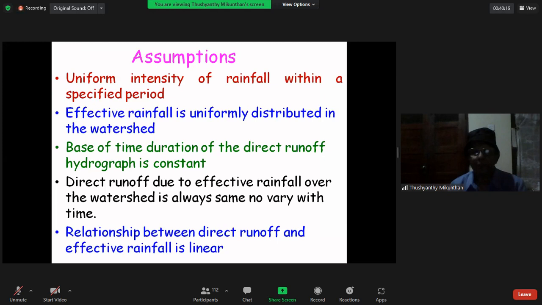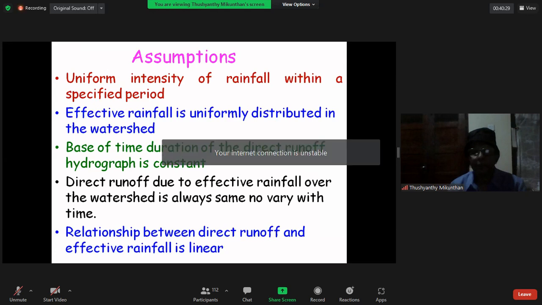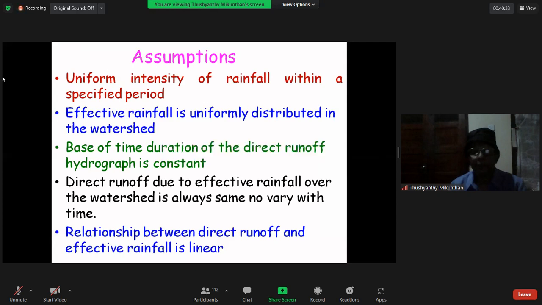Then the relationship between direct runoff and effective rainfall is taken as linear. That is the thing I said. We are keeping the base time constant, then multiplying for 2 hour, 4 hour, 6 hour.